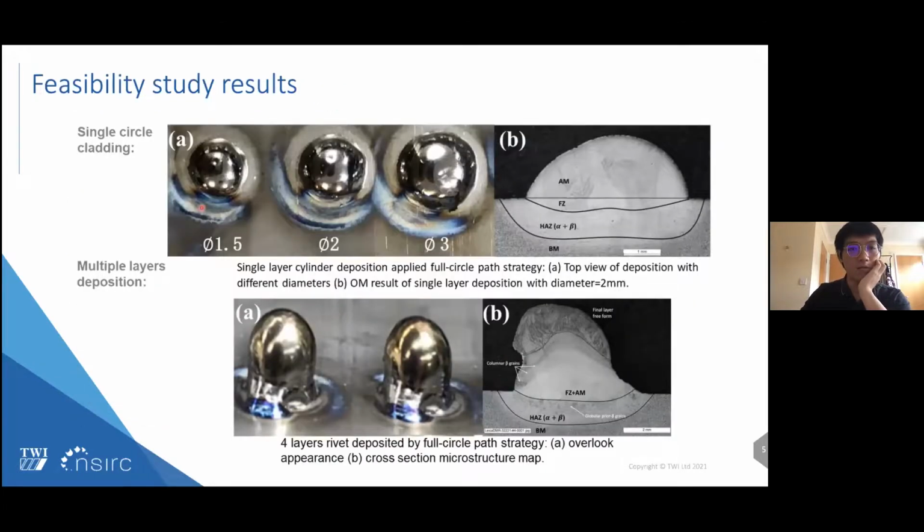So we can see here is the initial result for the single circle, a multiple layer deposition. Actually, this is a four layer deposition. We can see there is no major defect like large cavities or cracks.